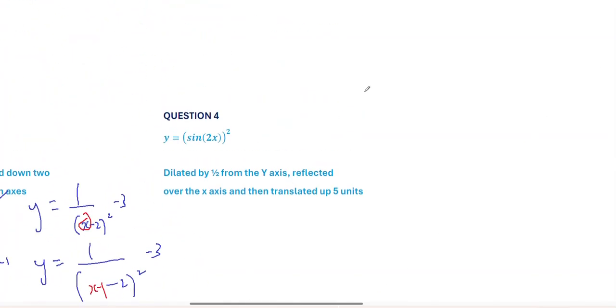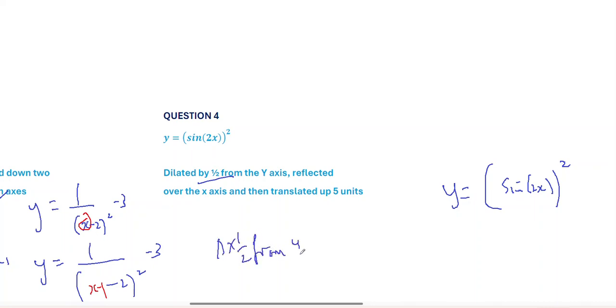And the last question, I'm going to start with y equals the sine of 2x all squared. Dilate by a factor of a half from the y-axis. Therefore, replace x with 4x.